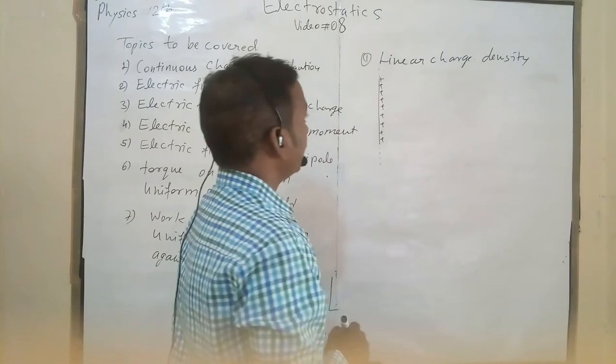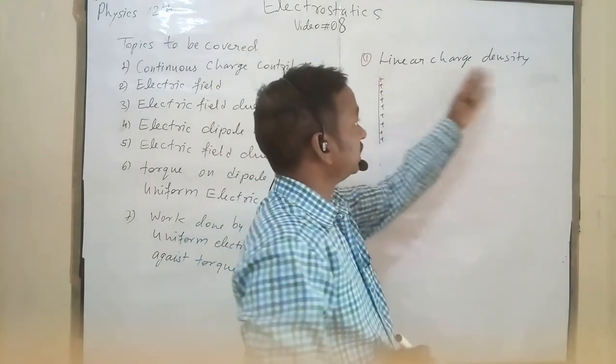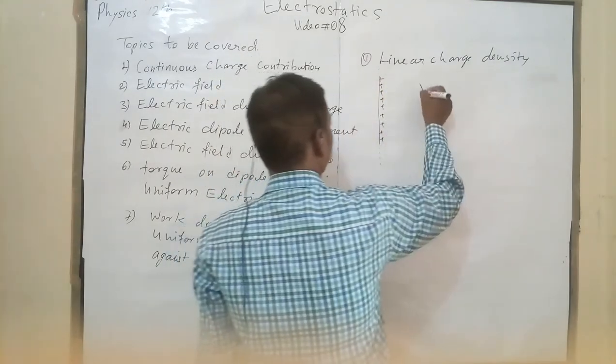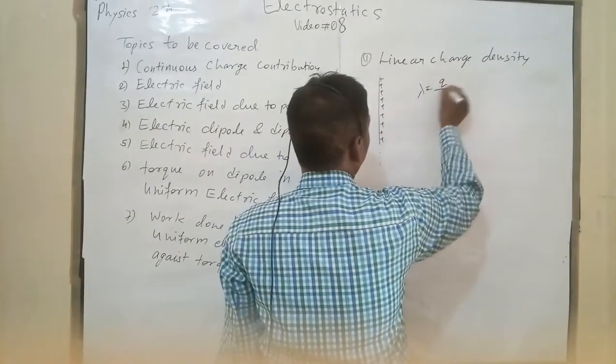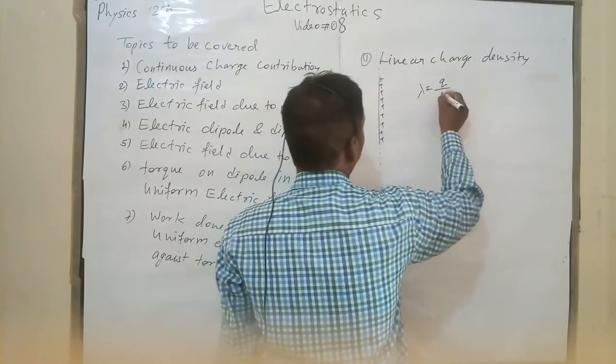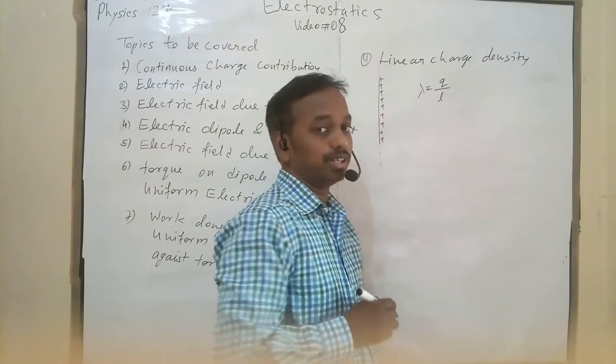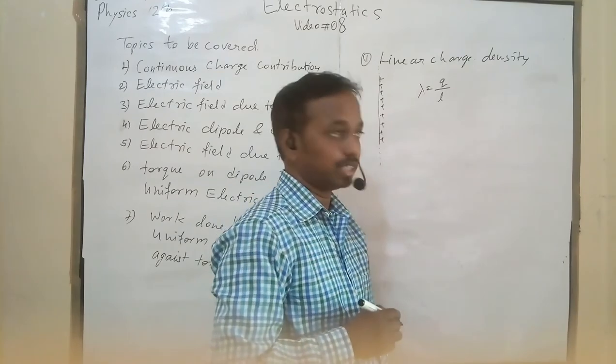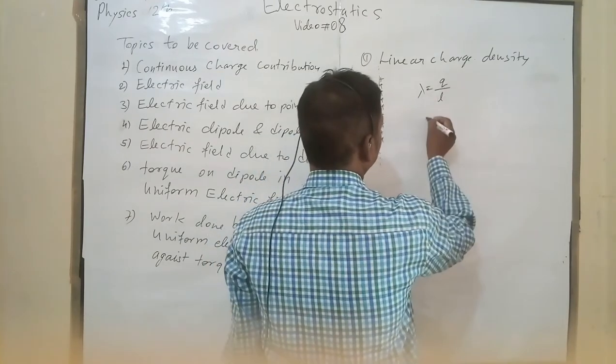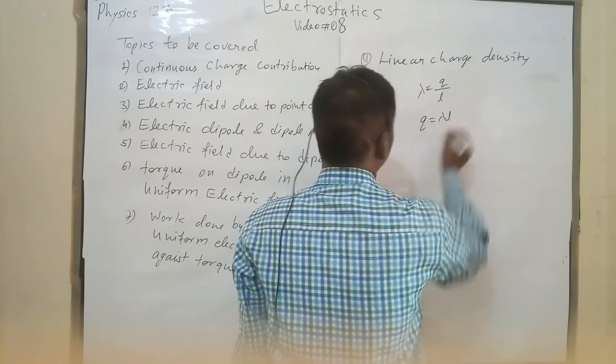So we have to find linear charge density, that is lambda, which is equal to charge on unit length. Charge on unit length, that is the linear charge density. So how can you find the charge? Charge equal to lambda times L.